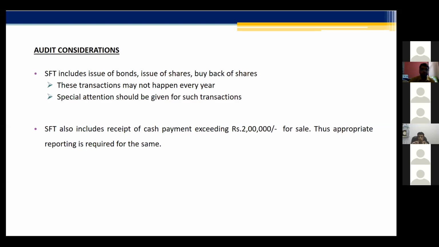SFT includes receipt of cash payment exceeding rupees 2 lakhs for a sale, so appropriate reporting is required. Wherever a sale of 2 lakhs is happening, SFT includes that, which is also a violation of 269ST. So the SFT has to be filed, and we need to ensure that it is filed, and if it is not filed, you need to report it.